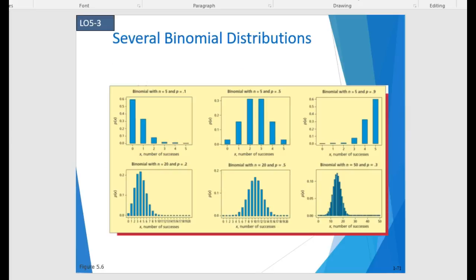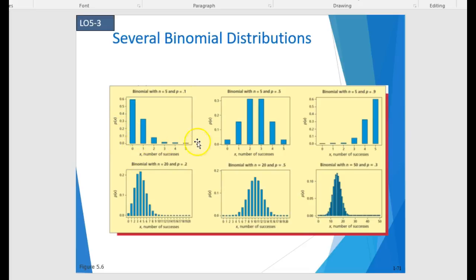And let's look at this. These are some graphical representations of the binomial distribution, and you can see how it's labeled here. So binomial when n is equal to 5 and p is equal to 0.1, and then this is the function actually graphed.